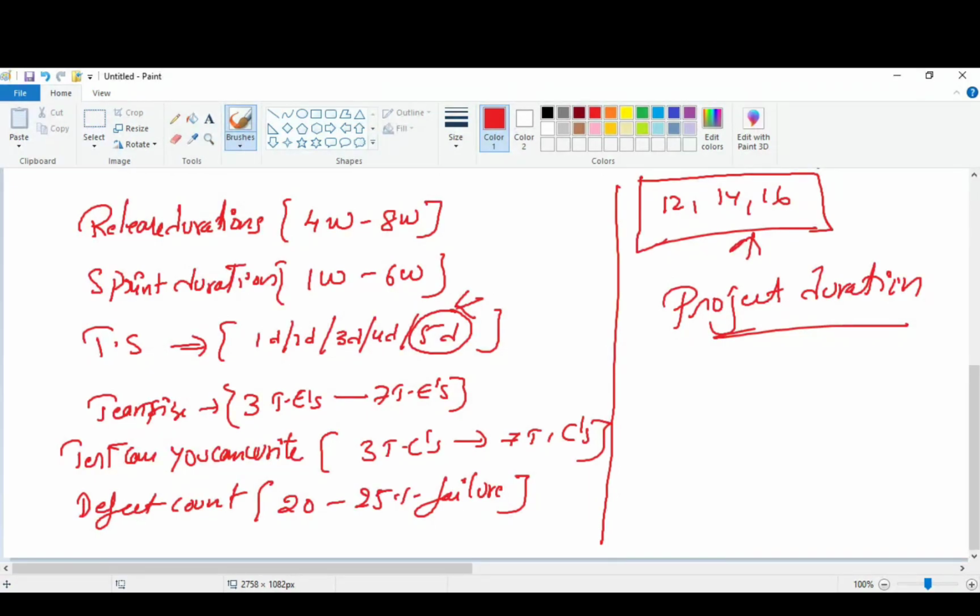Prashant, I'll give the answer later. We have that interview question also, don't worry. Jyoti, right now don't take more than 16 months. Later I'll tell you what to take.